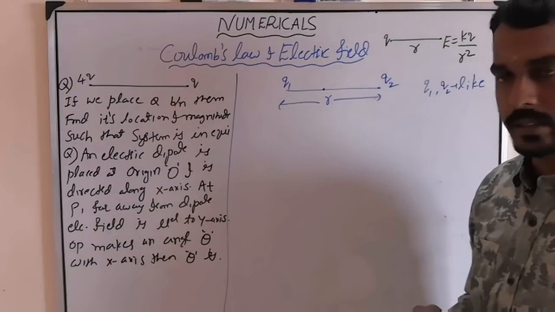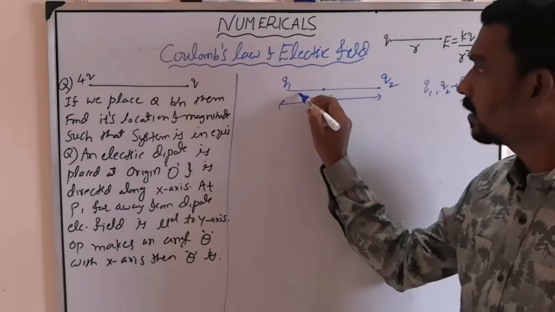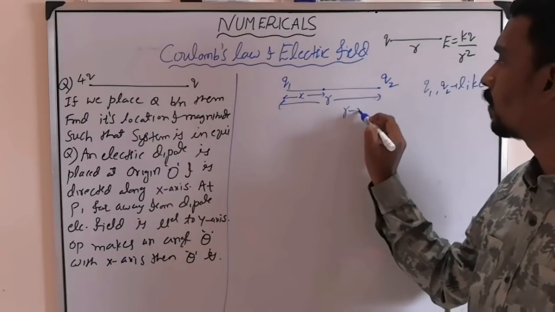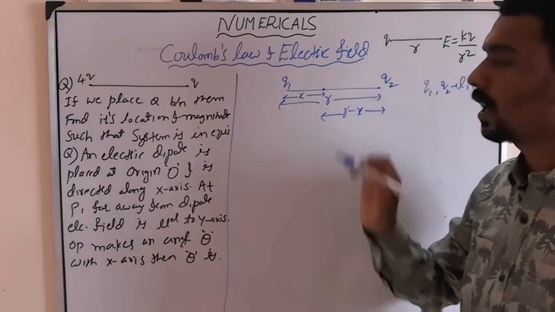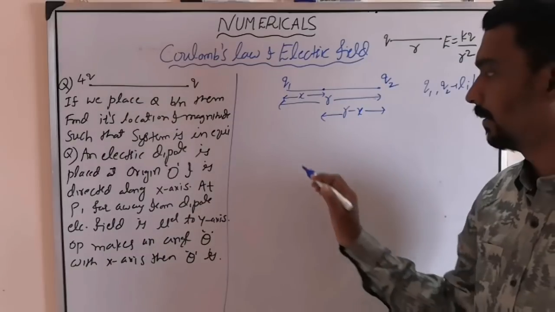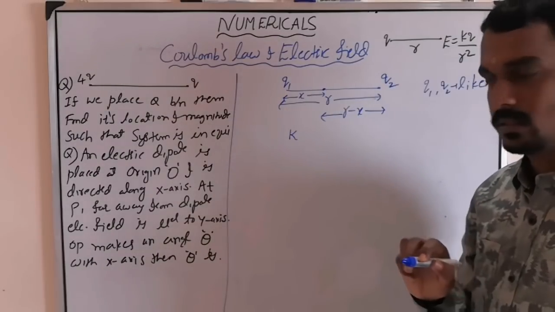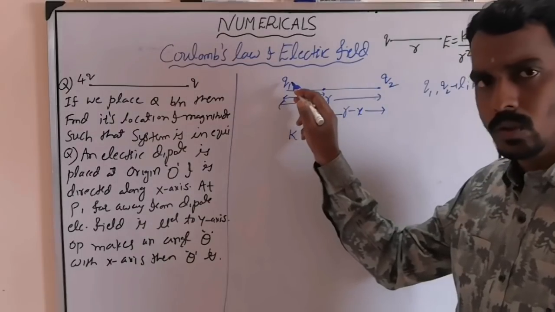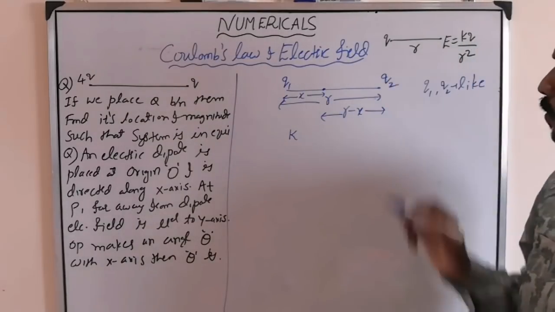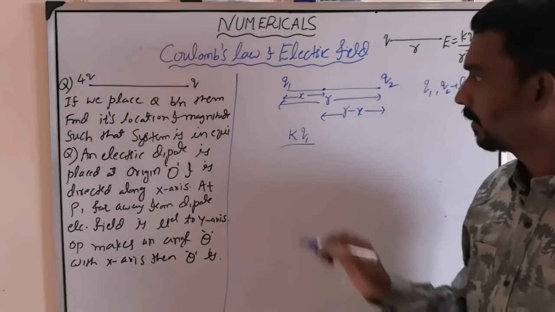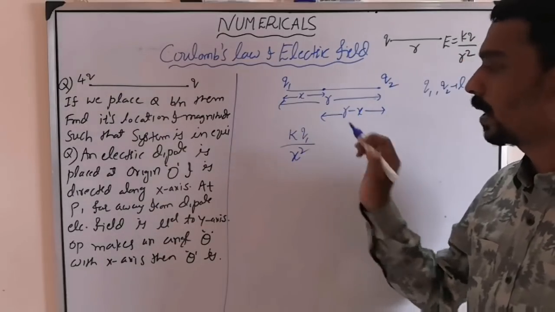At this point, let the distance from Q1 be x, then the distance from Q2 will be r minus x. The field due to Q1 is kQ1 by x square.